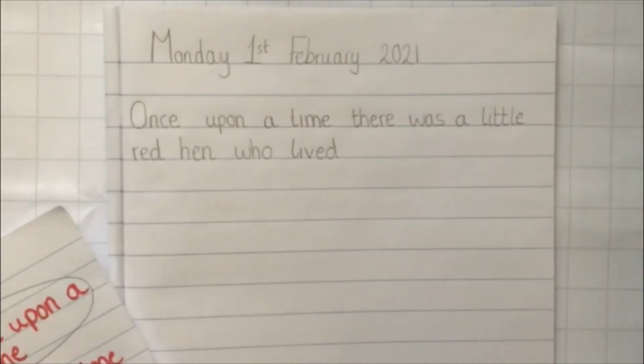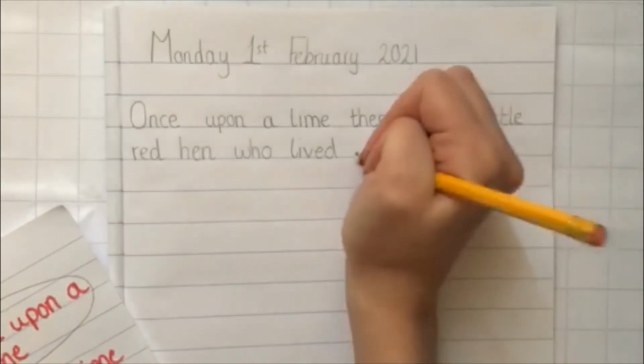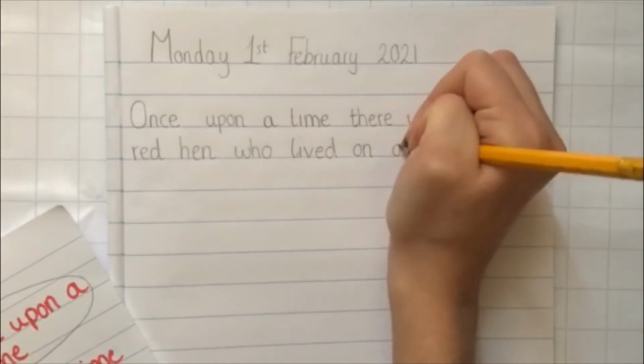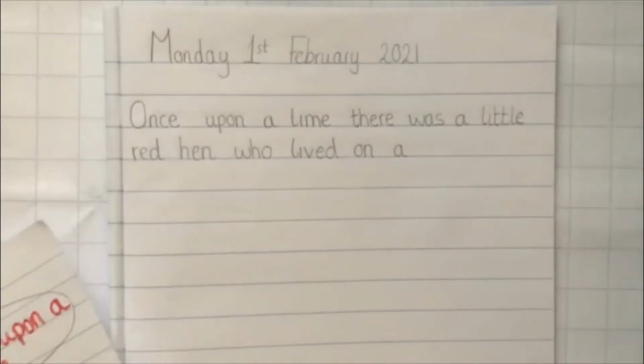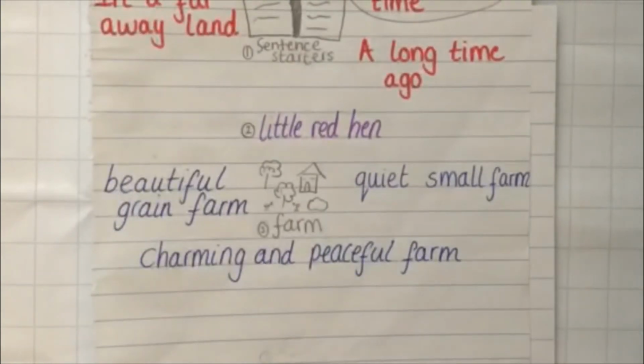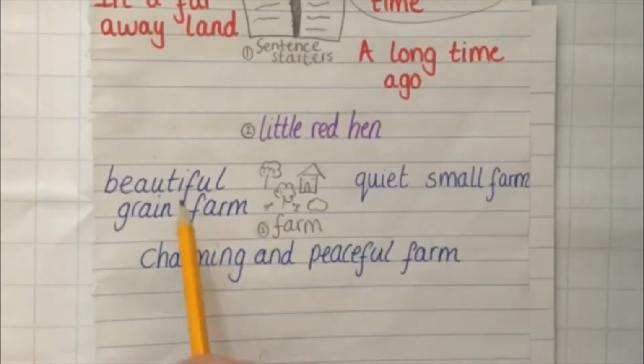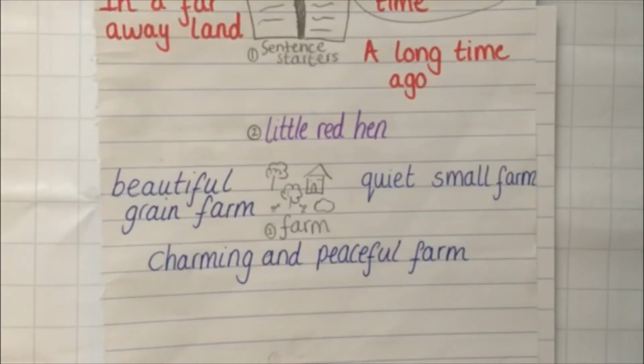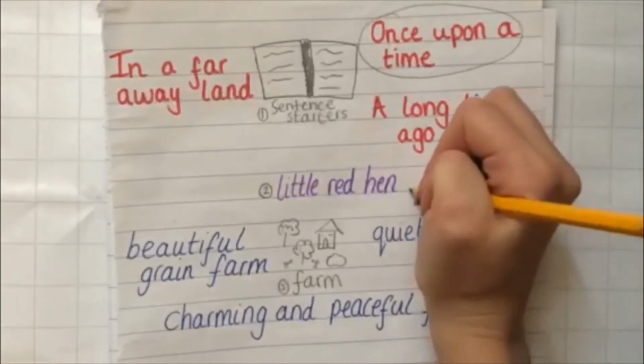Who lived on a. Now this is where I get to pick my 2 adjectives to describe my farm. Here I have beautiful grain farm, quiet small farm, charming and peaceful farm. I'm going to pick lived on a beautiful grain farm.